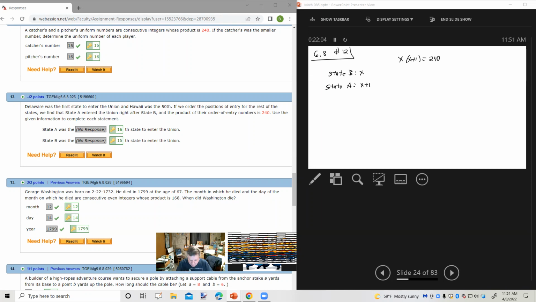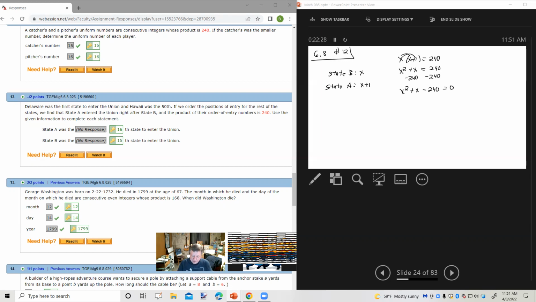Yes. All righty. So now we get X squared plus X equals 240. We'll subtract 240 from both sides of the equation.